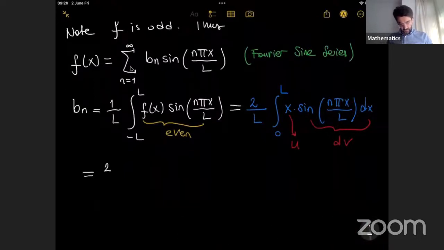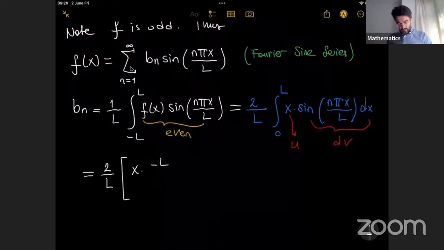It's going to be 2 over L, u times v, x times minus L over n pi cosine n pi x over L, right? Yes, this is true.